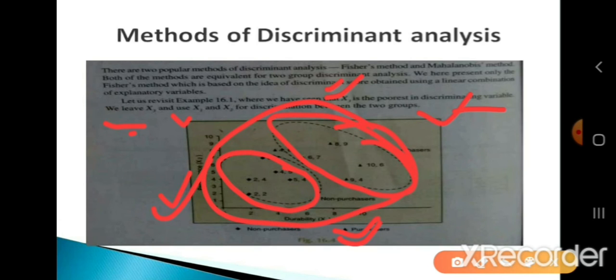There are two methods of discriminant analysis: one is called Fisher's method and another is the Mahalanobis method. Both of these methods are equivalent for two-group discriminant analysis, but here we will use only Fisher's method, which is based on the idea of a discriminant score, obtained by using a linear combination of explanatory variables.